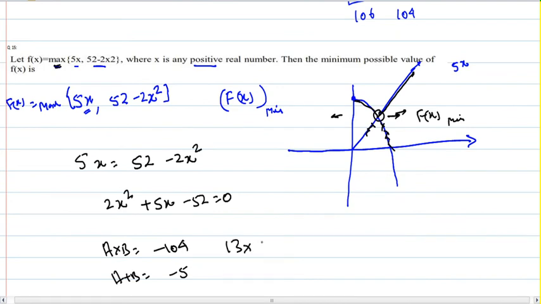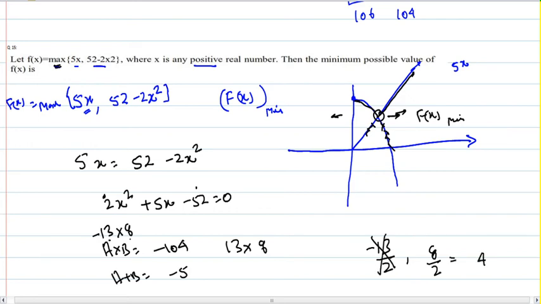Again 13 and 8. When the addition is negative, that means the larger number is negative. That says A is minus 13 and B is 8. But these are not the roots. Your roots are minus 13 by 2. You multiplied this 2 in the end, so you'll have to divide by 2 at the end. As we are looking for only positive values, this is the invalid root.